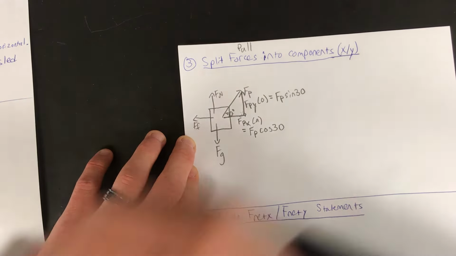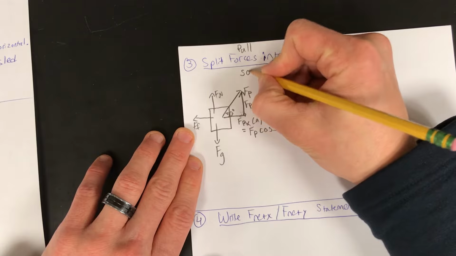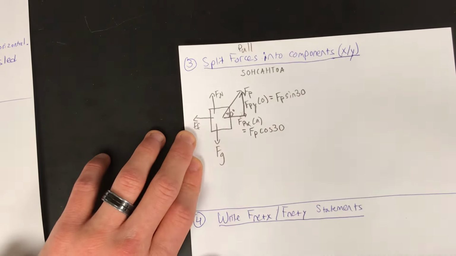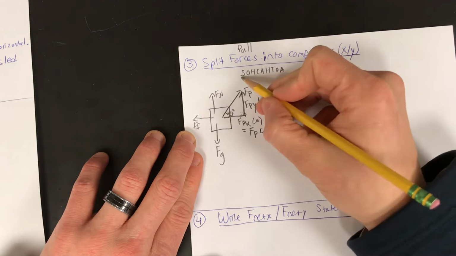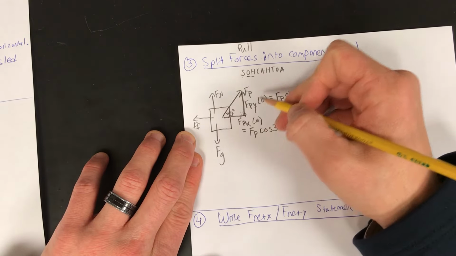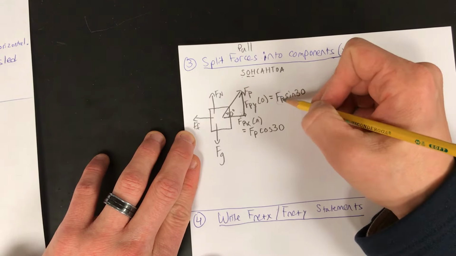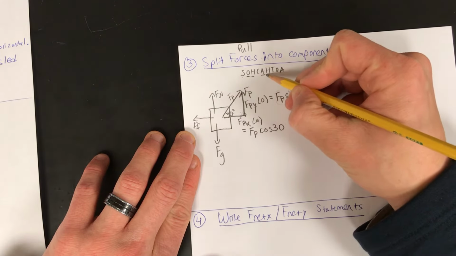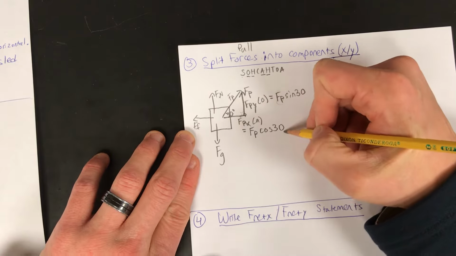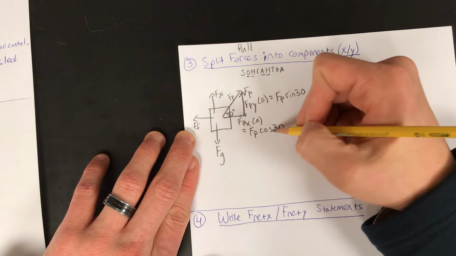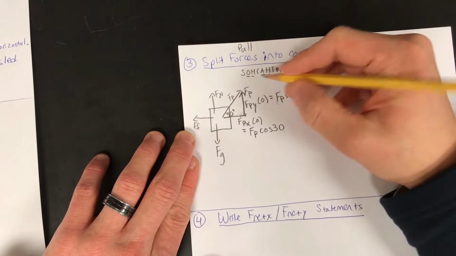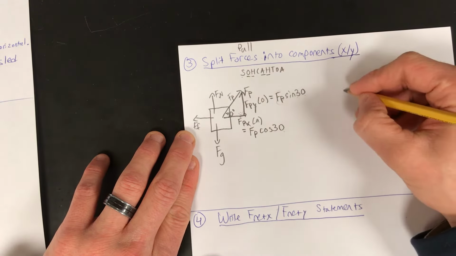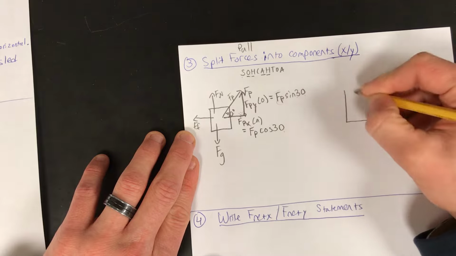All right, remember SOHCAHTOA. You can write that at the top of the page. Sine is opposite over hypotenuse, so we have our hypotenuse, which is the Fp. And cosine is adjacent over hypotenuse. So we'll use cosine to get the X, or the adjacent, to the 30 degrees, and sine to get the opposite, all right?